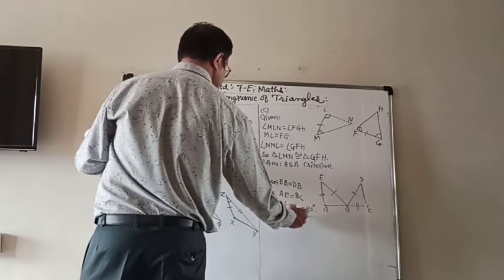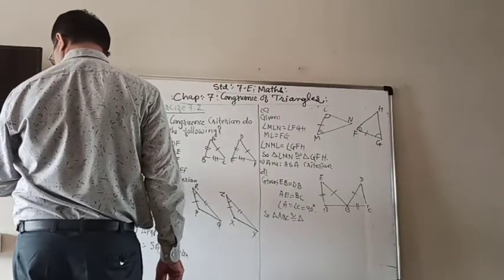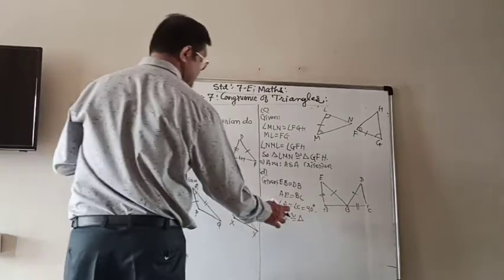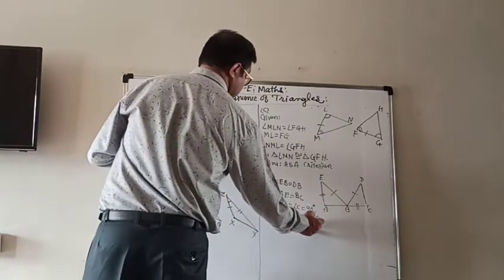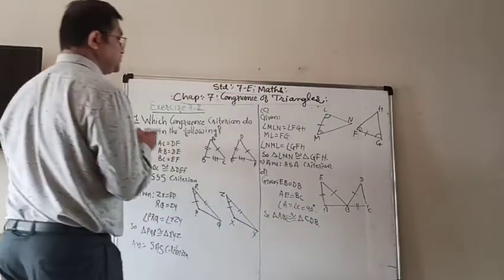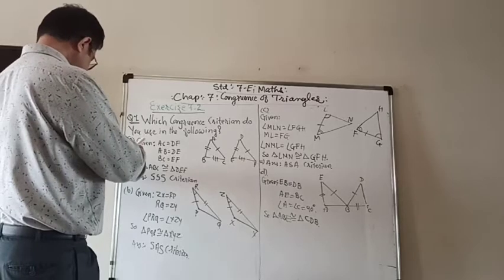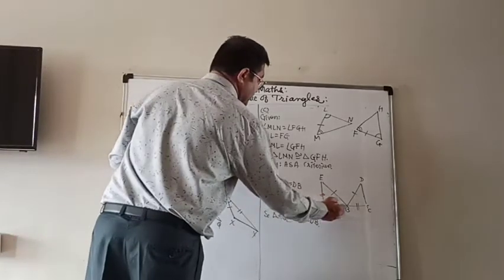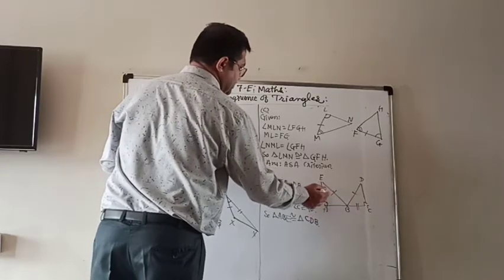So, triangle ABE is congruent to triangle CDB. So here these two angles are 90 degrees also. So we can see that 90 degrees, hypotenuse and side.